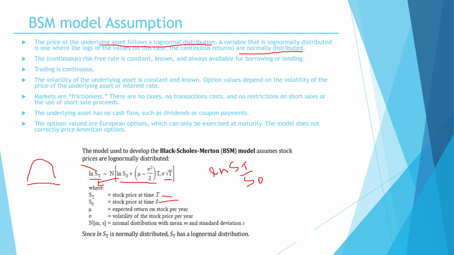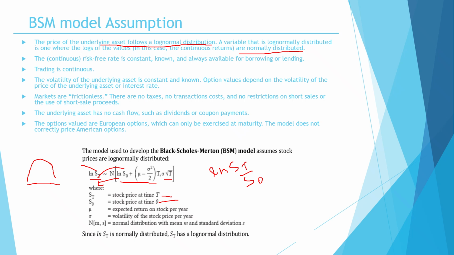This is called the log normal return. Okay, and if this is my log normal return, because I have taken this to the denominator, then my mean will be this factor, mu minus sigma squared divided by 2, and my standard deviation is sigma multiplied by root t.